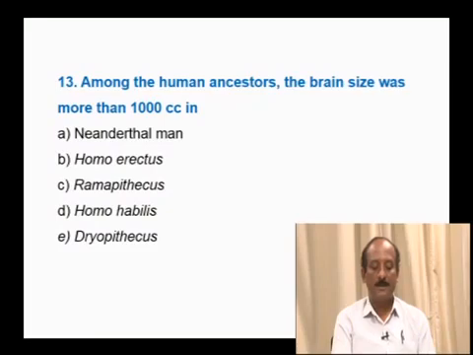While discussing the synapsids part, I told the brain capacity of the Neanderthal man is 1400 cc, Homo erectus around 900 cc, and even Ramapithecus, Homo habilis and Dryopithecus less than 1000. Yes, the correct answer for this question is Neanderthal, because the brain capacity of Neanderthal man is 1400 cc. For the remaining options, the brain capacity is less than 1000 cc.